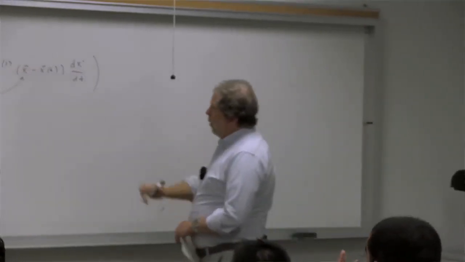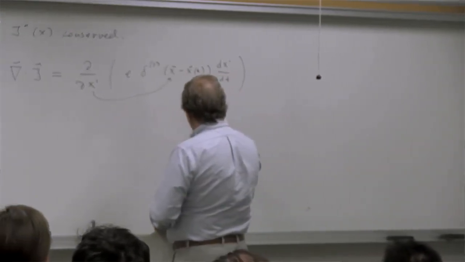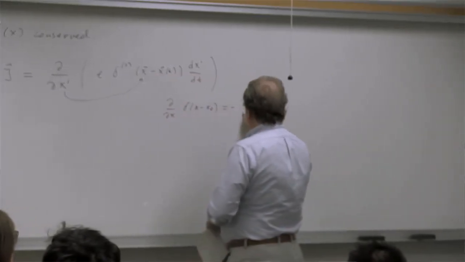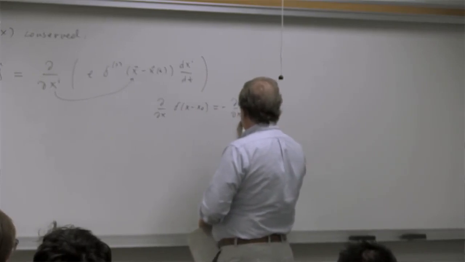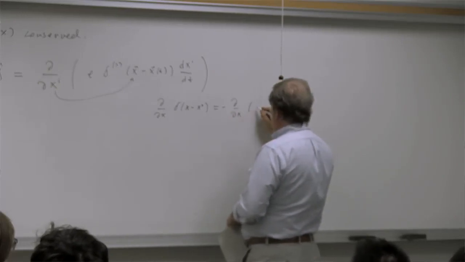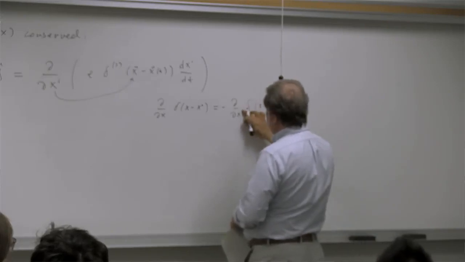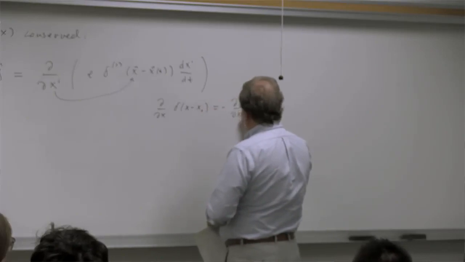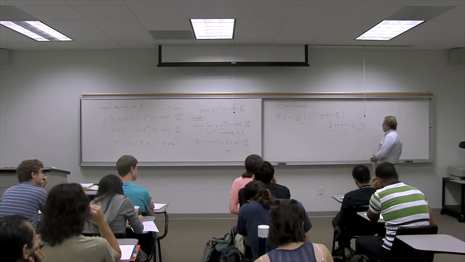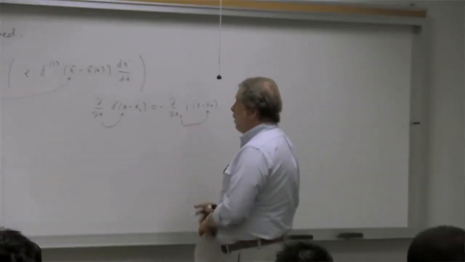Now the d by dxi acts on this x here. And now what we're going to do is make it act on this one instead. So we use the fact that d by dx of delta of x minus x naught is equal to minus d by dx naught of delta of x minus x naught, where this derivative is with respect to the argument here, whereas in this first case it's with respect to the other argument. So you can transfer the derivative on one or the other thing.